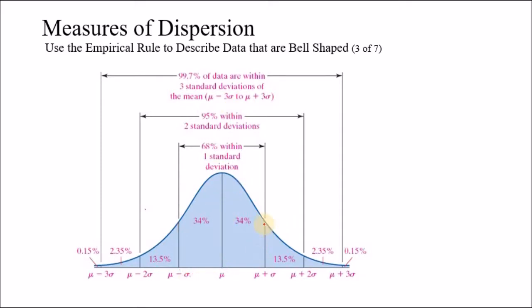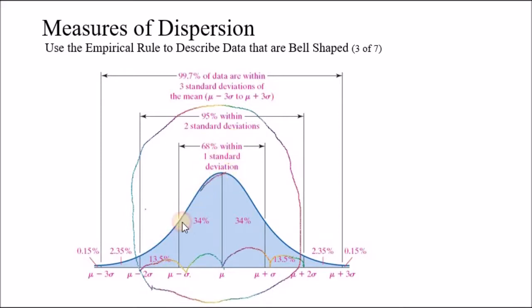And then it also states that if you subtract and add 2 standard deviations to the mean, that will represent 95% of our data. So this part of our data is 95% of our data.